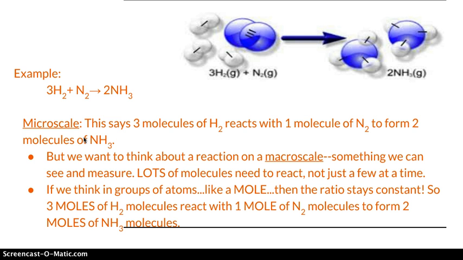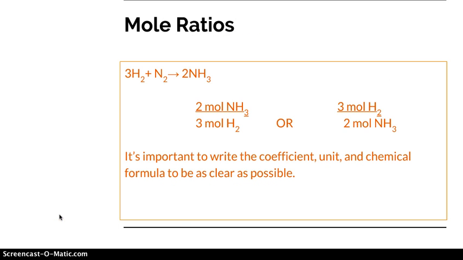So if I think about the reaction in terms of groups of atoms, like a mole, then the ratio stays constant. So I have 3 moles of hydrogen molecules reacting with 1 mole of nitrogen molecules to form 2 moles of ammonia molecules. When I put the word mole in there, this is going to be much more useful to us in the lab. This is going to allow me those lots of molecules I need for the reaction.